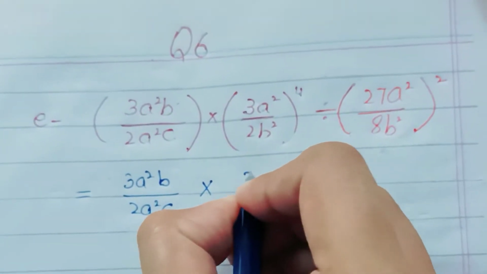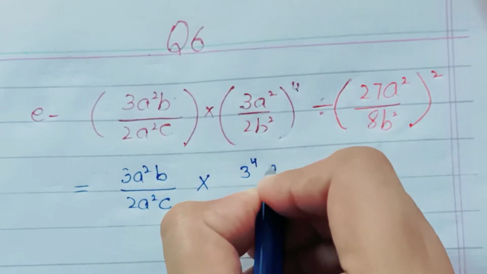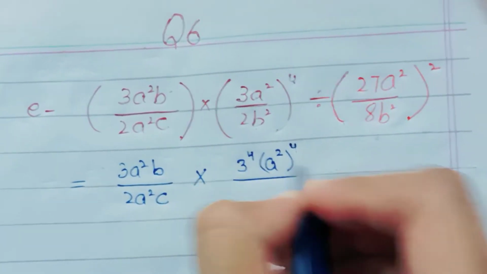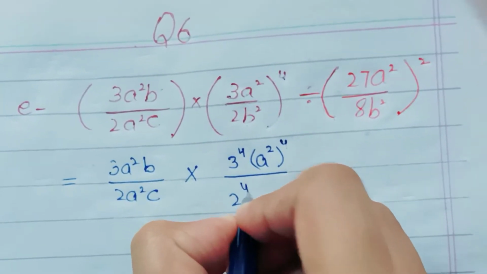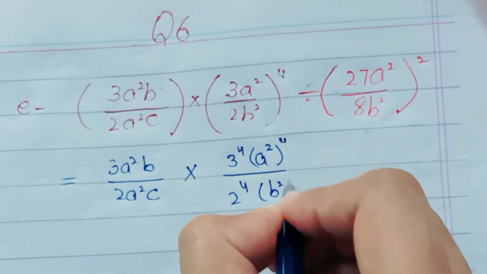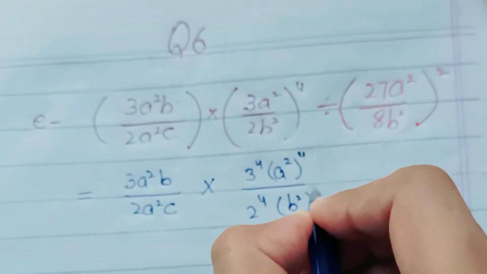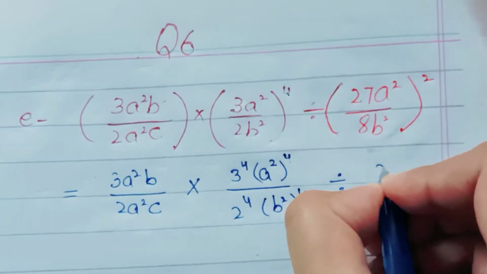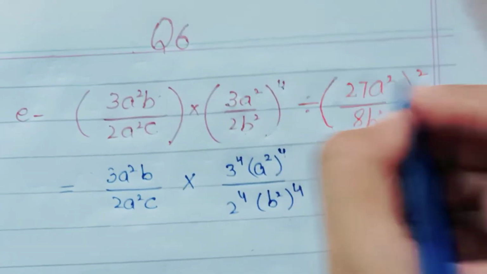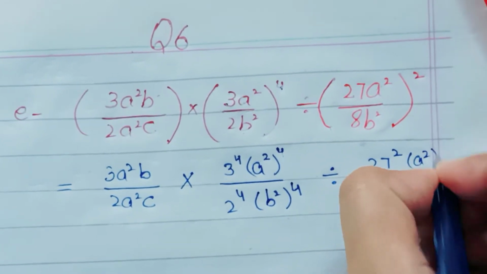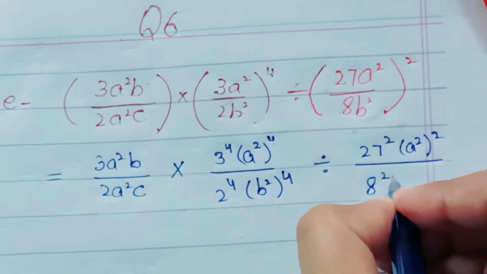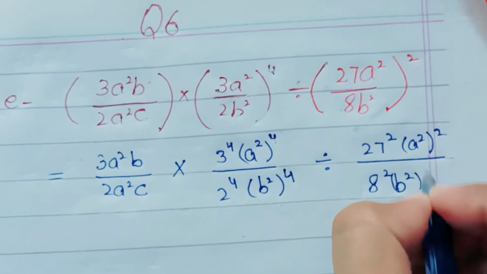So 3 raised to power 4, a raised to power 2 whole power 4, over 2 raised to power 4, b² whole power 4, divided by 27 square and a² whole square over 8 square b² whole square.